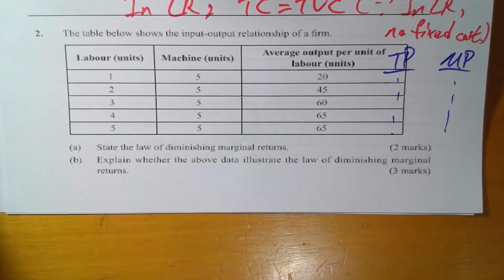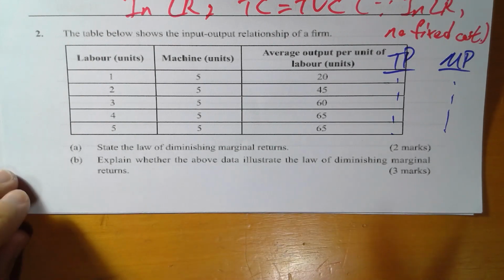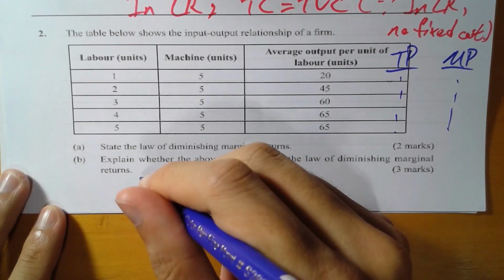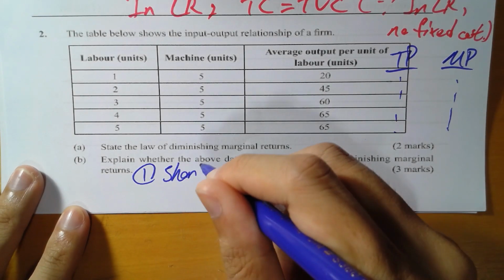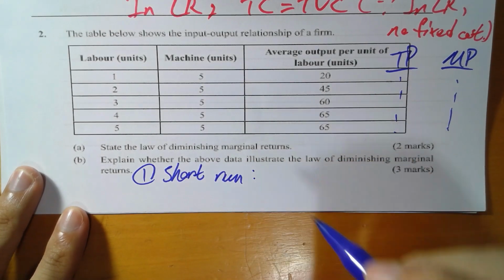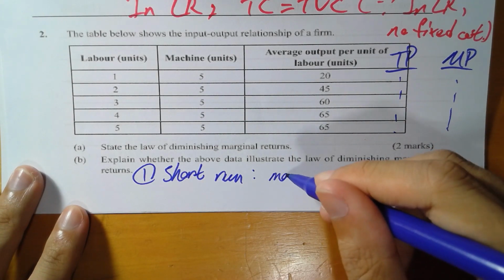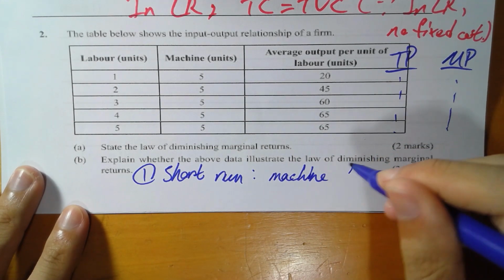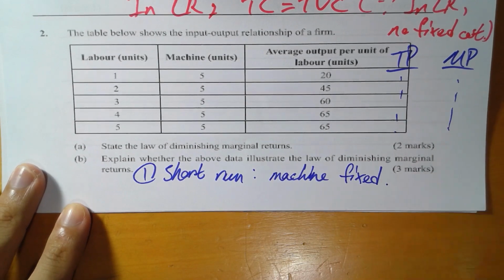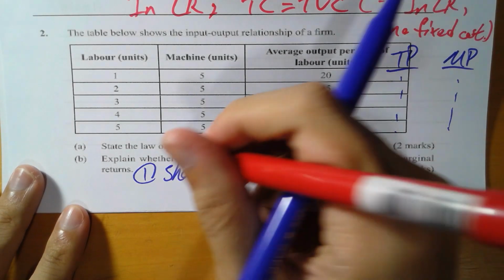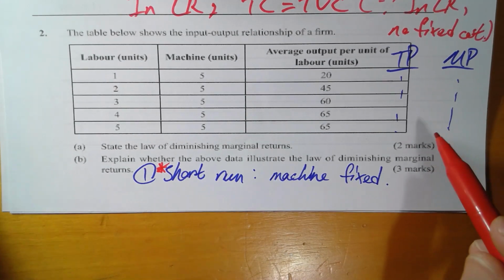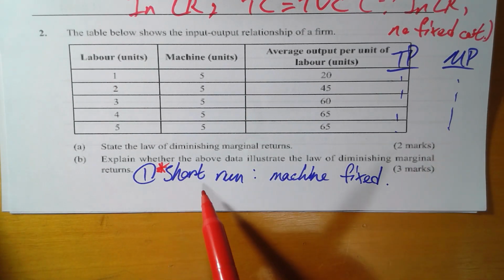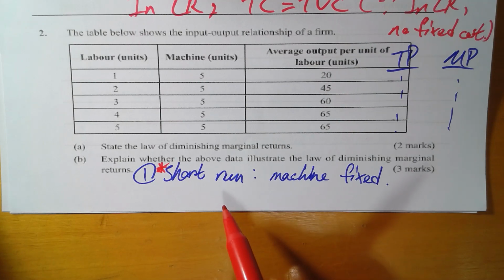Now, I'm going to talk about how to structure the answer. To answer B, you must first state that this is a short run production because machine is a fixed factor. This sentence is very important. Many people calculate that MP falls, but forget this sentence, then that is no good.